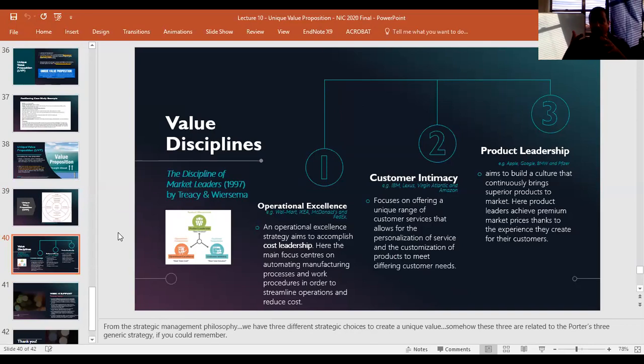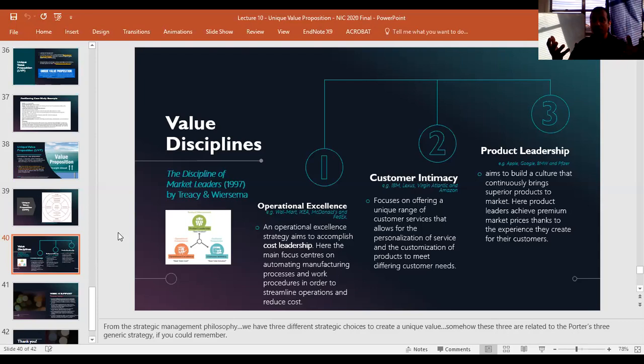A firm can add value by being operational, by showing excellence in their operations. If you are able to achieve operational excellence, what will the outcome be? The overall cost will be reduced. In that case, you will have cost leadership.